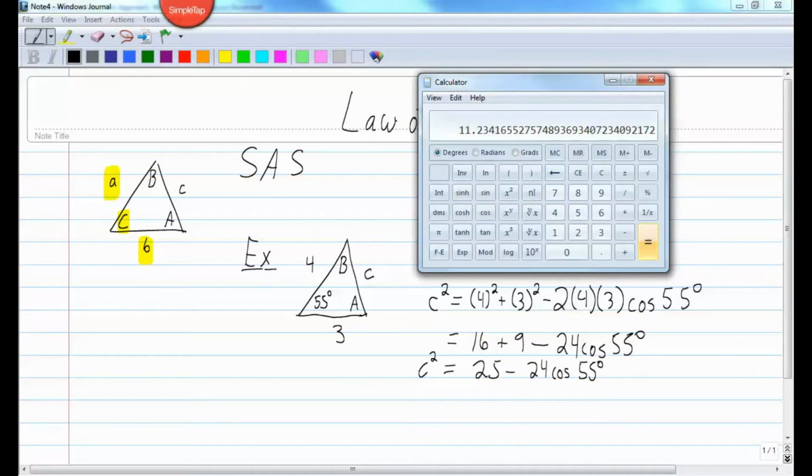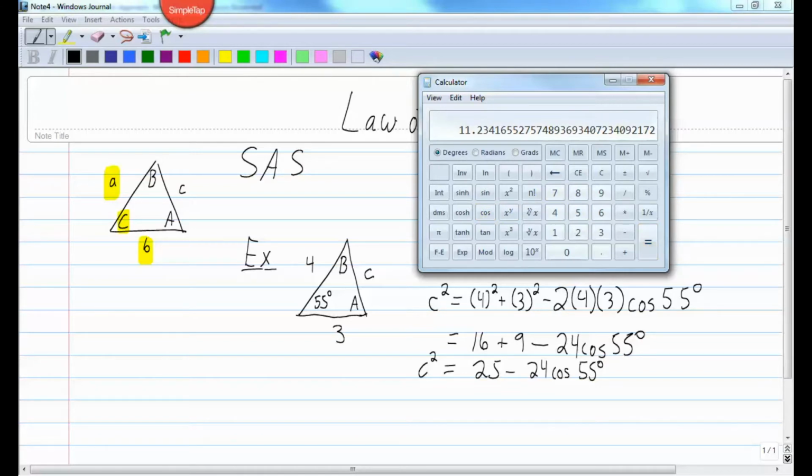This is what C squared is equal to: 11.2341655, and so on. Make sure that you plug in 25 minus 24, then push times 55 cosine equals.